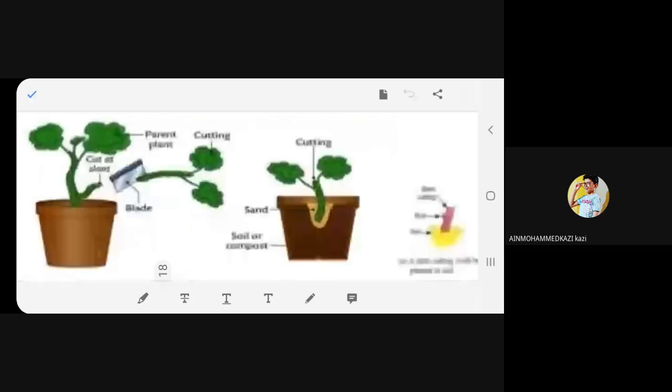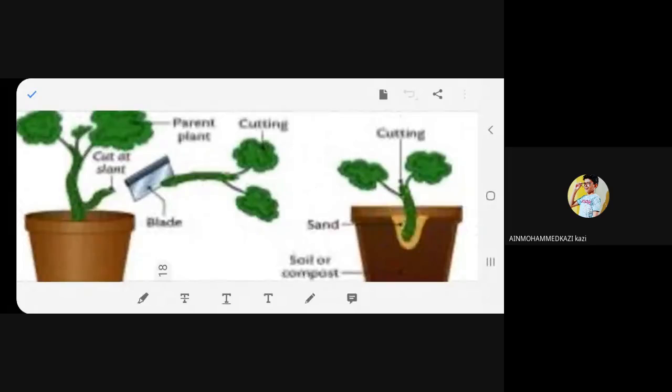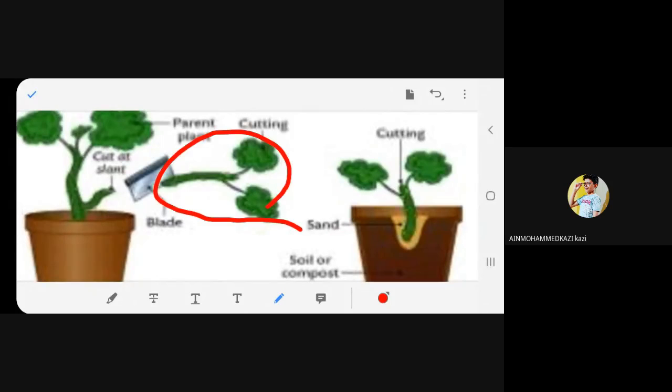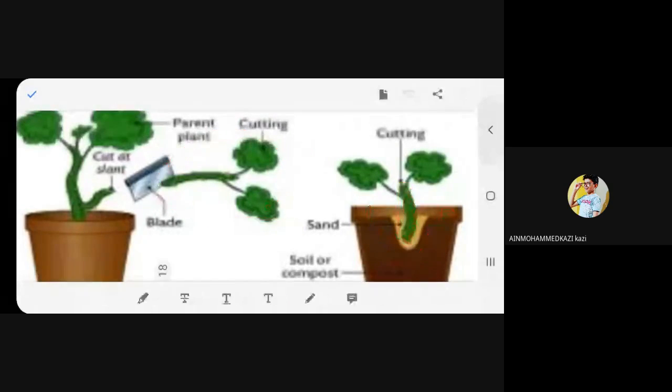You cut a piece, say this piece is cut, and then you put it in the pot. This becomes a cutting, and it will become a new plant.